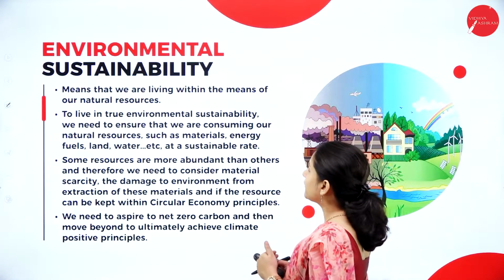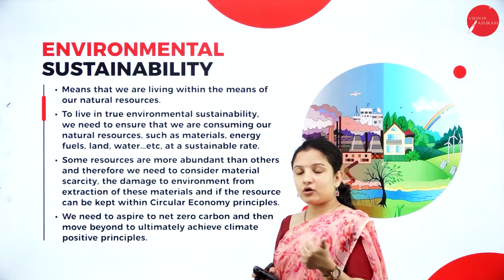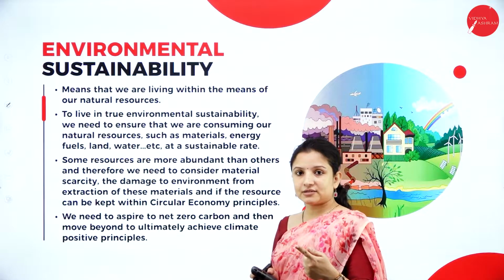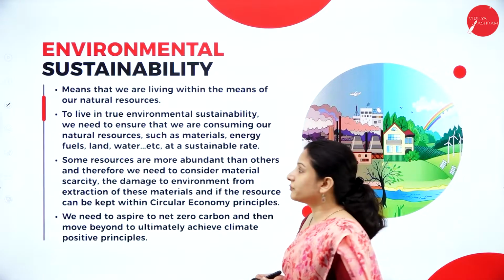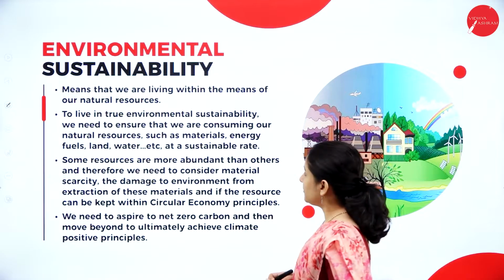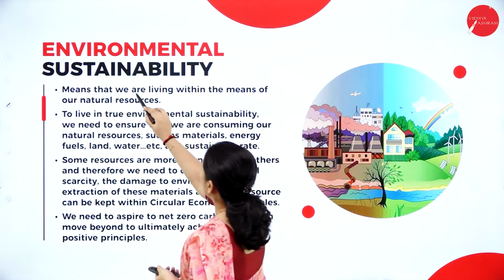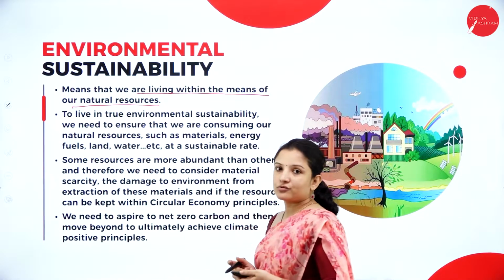So, talking about environmental sustainability. What are the three pillars I told you? Environmental sustainability, economic sustainability and social sustainability. So first, talking about environmental sustainability. Environmental sustainability means we are living within the means of our natural resources. That is true, right?